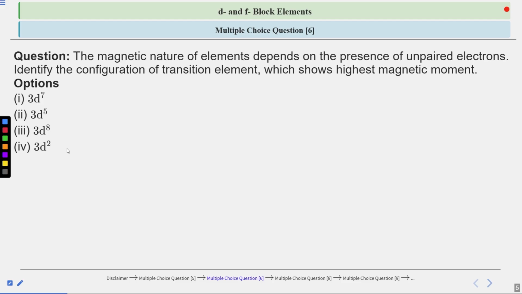So you are provided with some time to solve this. Try to remember the formula of the magnetic moment, how you find the magnetic moment for an element. And after this time, we will see what the correct answer is.